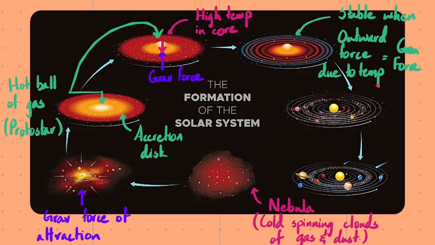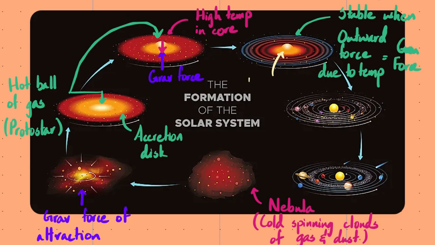Now you might also be thinking कि outward force कैसे आती है भाई यहाँ पे? हमने तो पढ़ा है temperature is kinetic energy, so ये force में कैसे तब्दील होता है? Now the idea is this, that we'll also be talking about this later when we talk about the formation of stars. लेकिन यहाँ पे in the sun and in many other medium-sized stars, होता ये है that there is the hydrogen nuclei together which is fusing to give us helium.